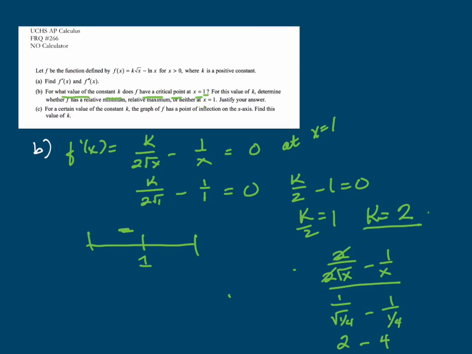So that would be 1 over 5 minus 1 over 25. 1/5 minus 1/25 is definitely positive.